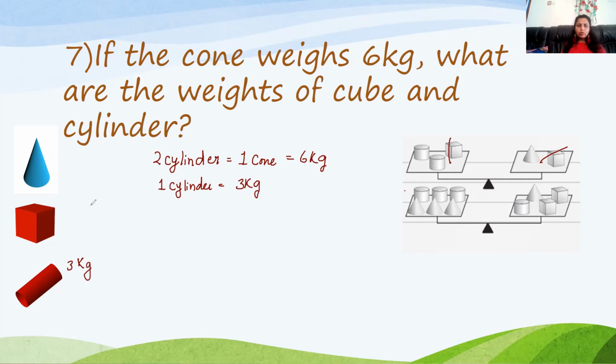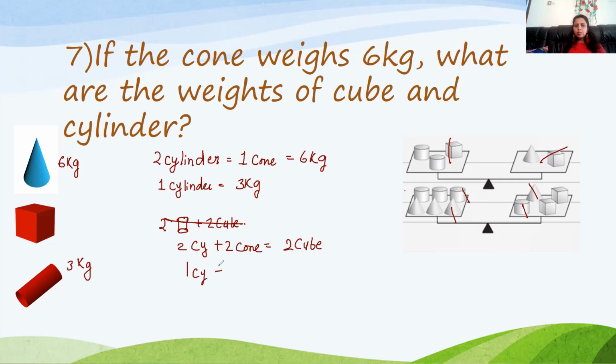So now we know the weight of a cylinder is 3 kg, and the weight of a cone is 6 kg. Now we have to find the weight of the cube. Go to the second figure. In the second figure, this cone and this cone are common and this cylinder is common. So can we write 2 cylinders plus 2 cones equal to 2 cubes? Now can we divide all by 2?